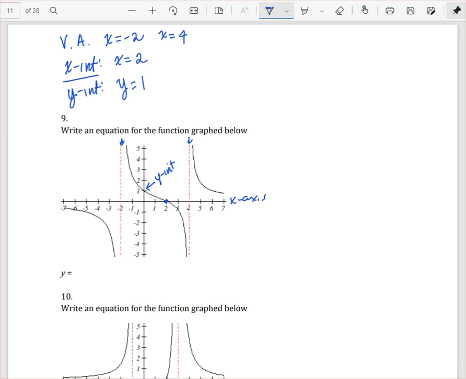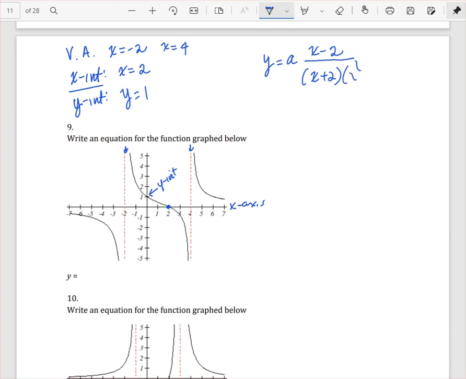Okay. So then it will be y equals a. The top is just x minus 2. That comes from the x-intercepts. And then from the bottom, it would be x minus 4. Now to find a, we're going to use this.